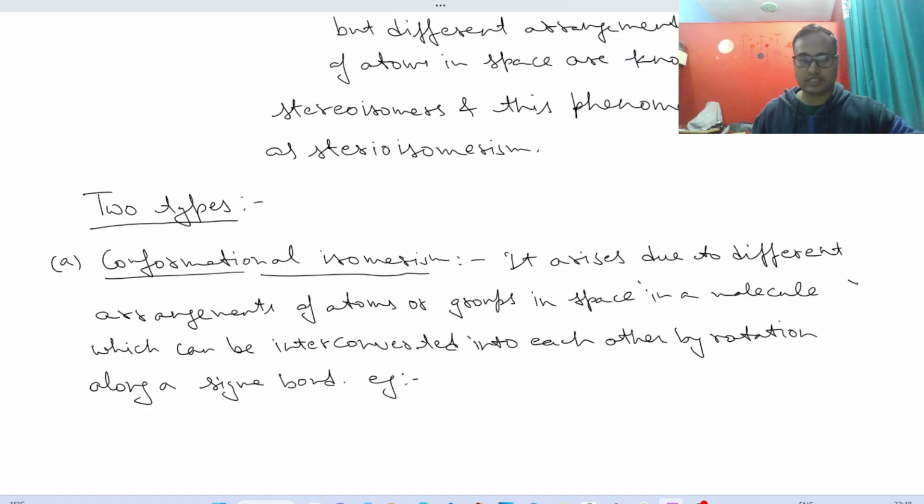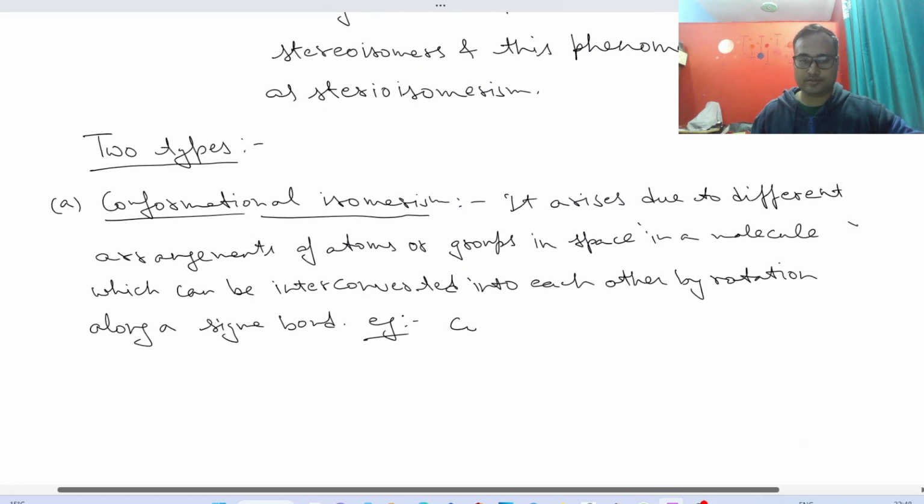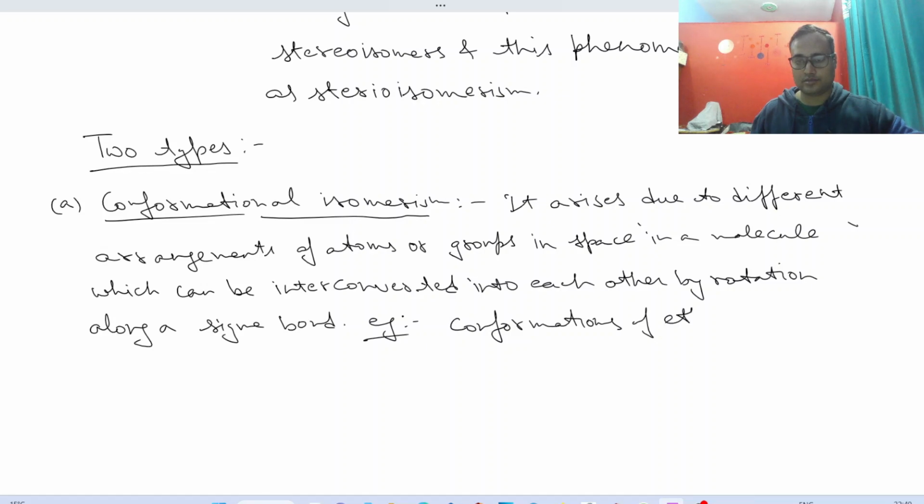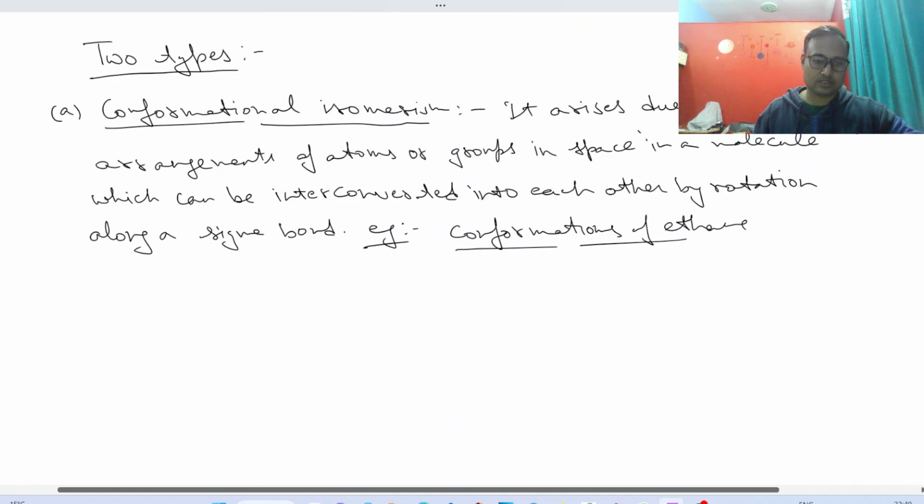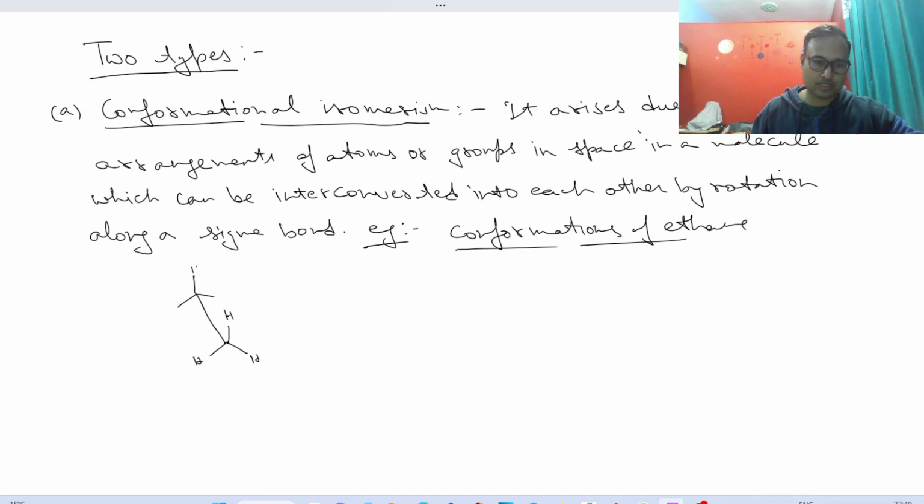For example, we can take the conformations of ethane. That we can draw like this: we have the ethane molecule, hydrogen, hydrogen, hydrogen. This is the other carbon atom. So hydrogen, hydrogen, hydrogen.